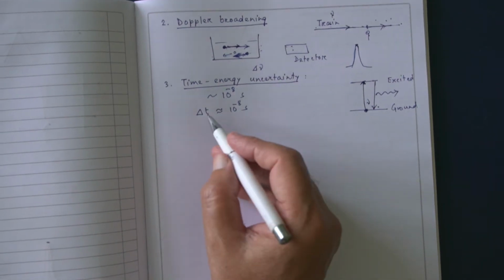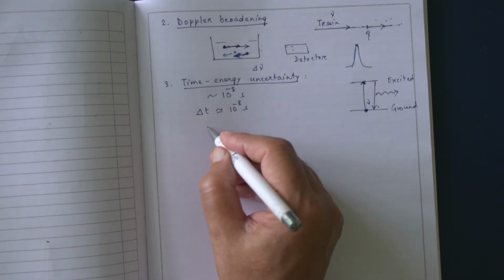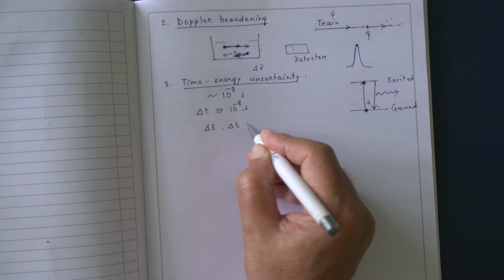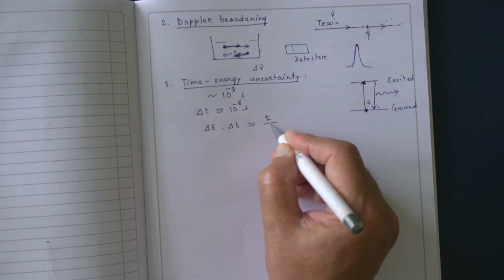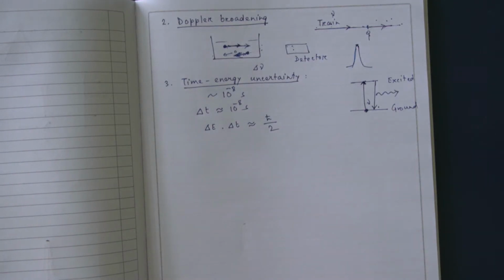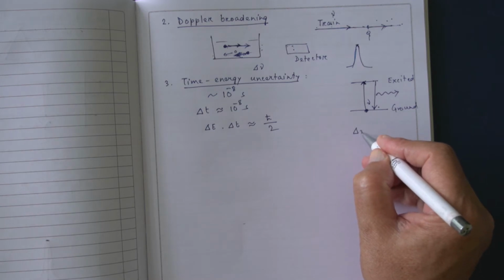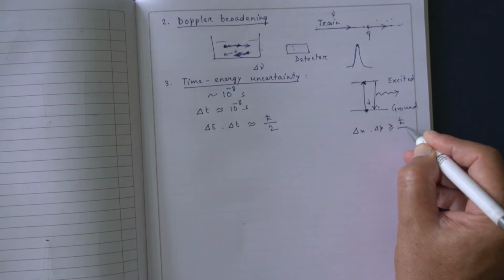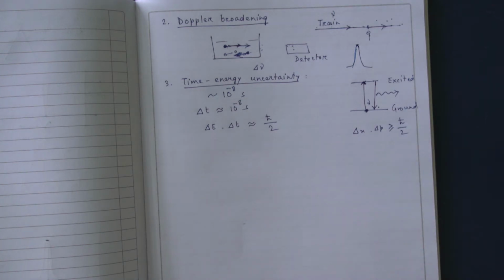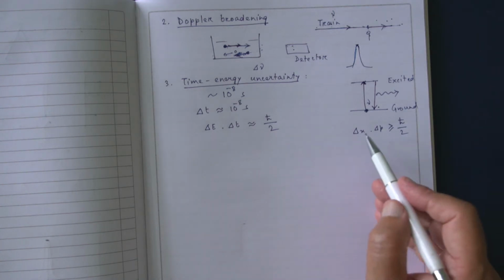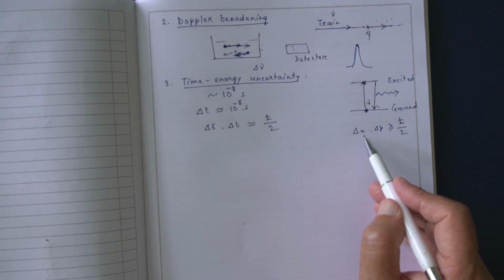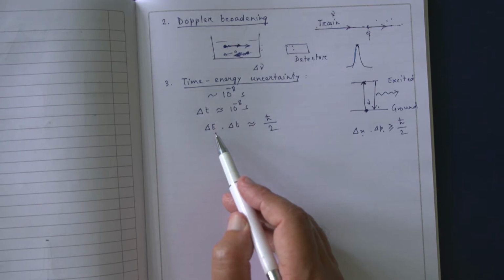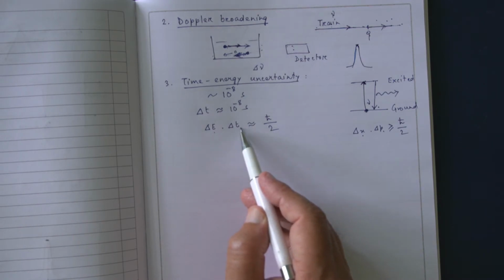Due to this uncertainty in time, you know what the Heisenberg principle is? One form of the Heisenberg principle is this: h bar by 2. Normally we write del x del p is greater than or equal to h bar by 2. This is the uncertainty between position and momentum, and this is the uncertainty between energy and time.